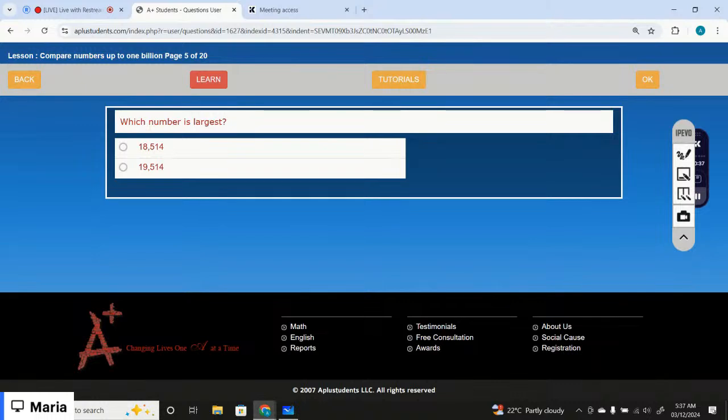Option number 2 is the correct option. That is the largest one.